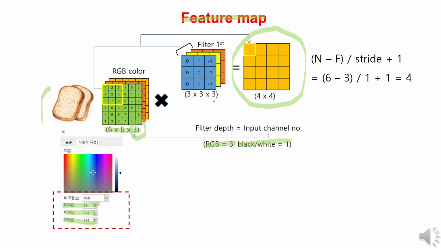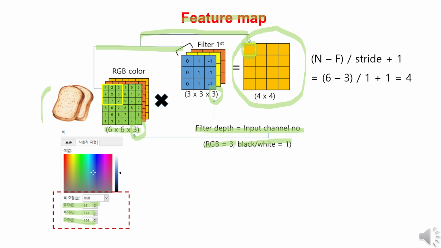Now let's say we apply a 3 by 3 filter. In CNNs, the depth of the filter has to match the number of channels in the input image. So for our RGB image, the filter needs to be 3 by 3 by 3. When we apply this filter to the image, it multiplies values in the overlapping region for each channel, adds them all up, and compresses that information into a single number.